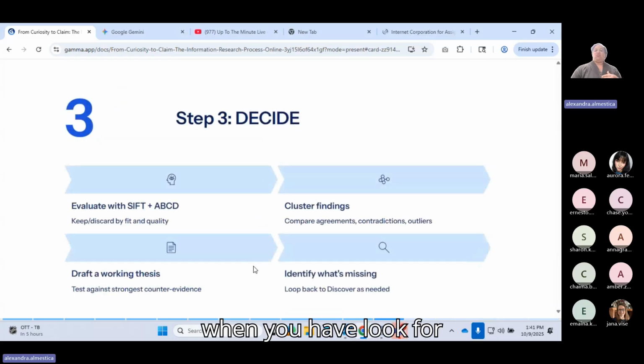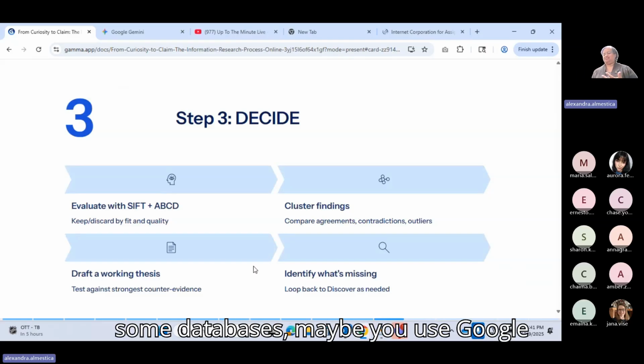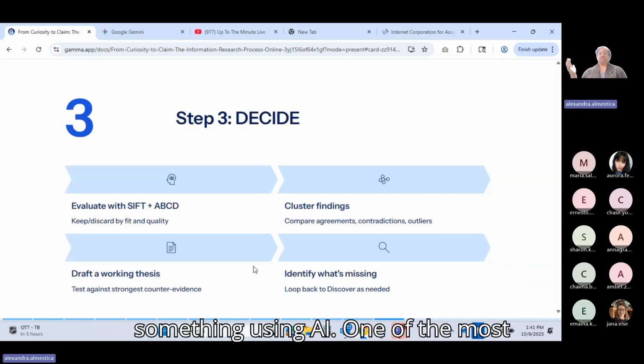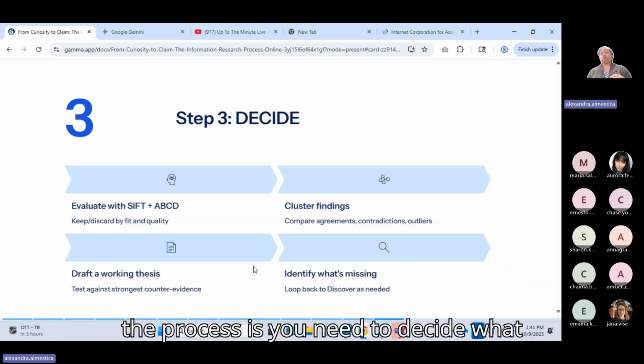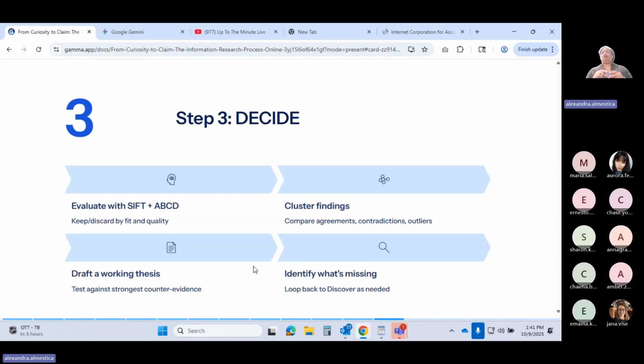So when you have looked for sources, let's say you went to the library, you selected to use some databases, maybe you used Google Advanced Search, and maybe you even found something using AI. One of the most important things that you need to do in the process is decide what you're going to do. You need to evaluate it. You need to find maybe some intersections in the themes.